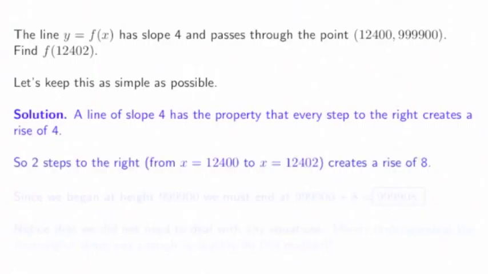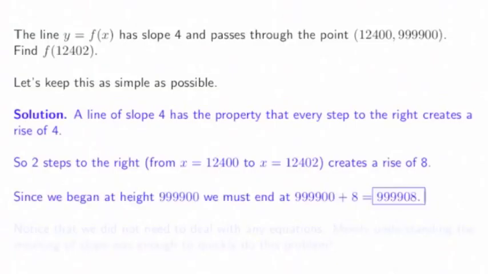12,402 is 2 steps to the right from 12,400. And if we take 2 steps to the right on a line of slope 4, we must rise 2 times 4, or 8. So if we began with a y value of 999,900, we must end at a y value of 999,900 plus 8.